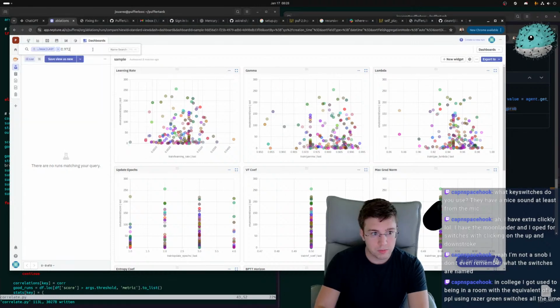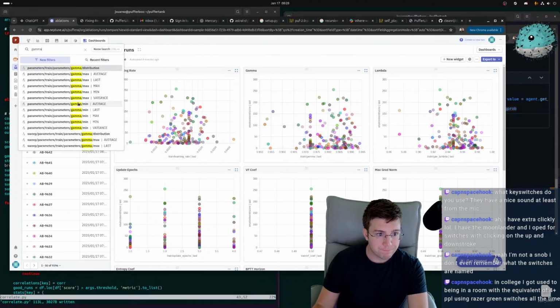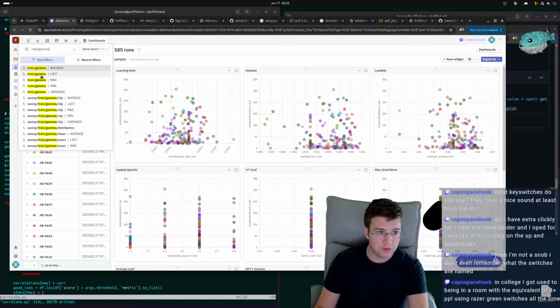This is the wrong variable, maybe? Oh, there it is. That's weird.